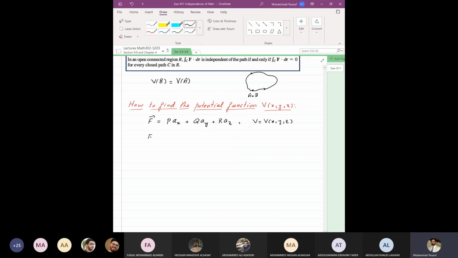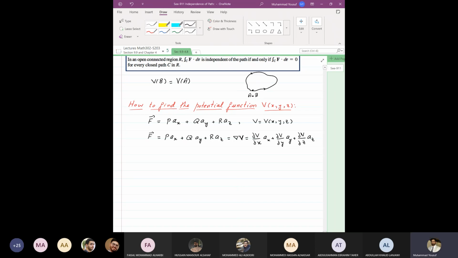F is conservative means F can be written as the gradient of V. You know that the gradient of V means partial v by partial x ax plus partial v by partial y ay plus partial v by partial z az.